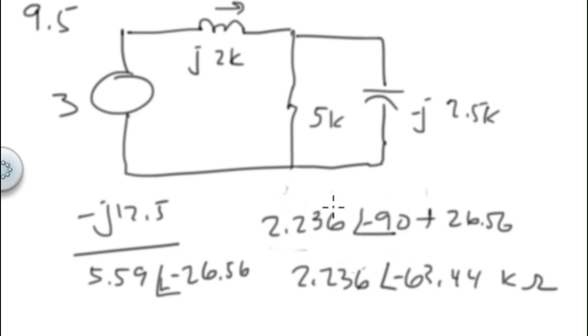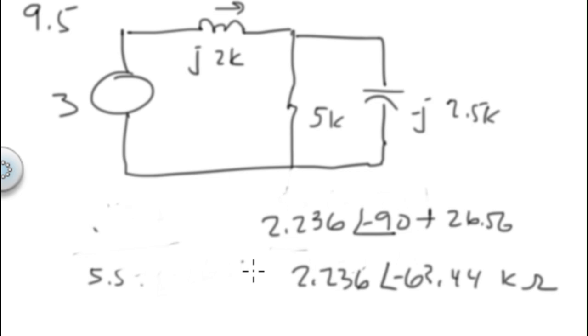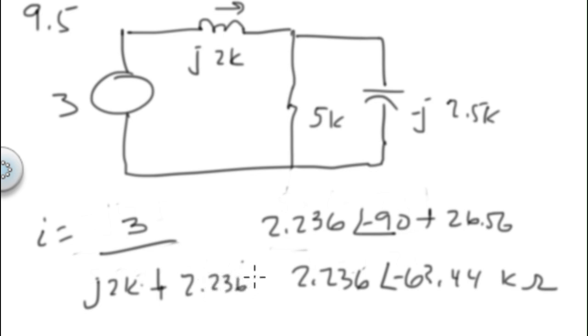So my current is now based on the value of, and these are going to get added, so I is equal to 3 divided by J2K plus 2.236K at angle minus 63.44.